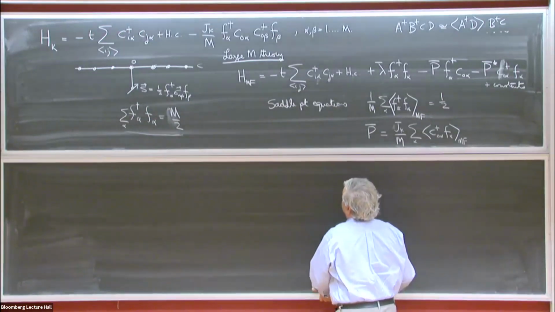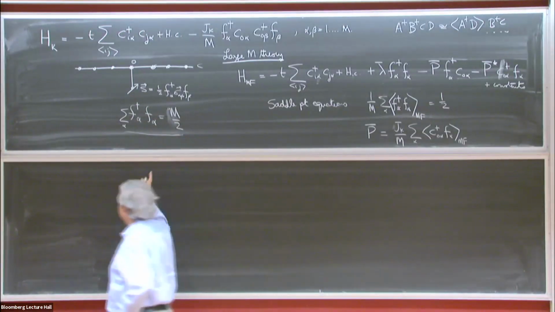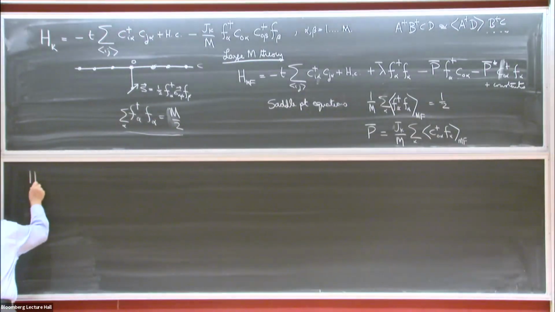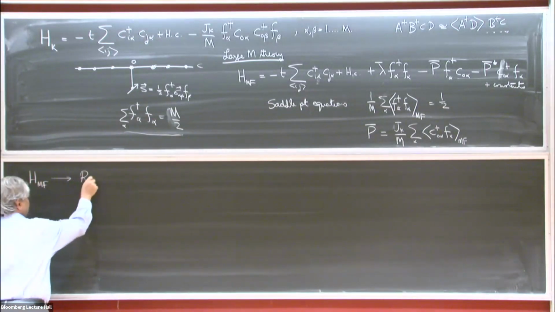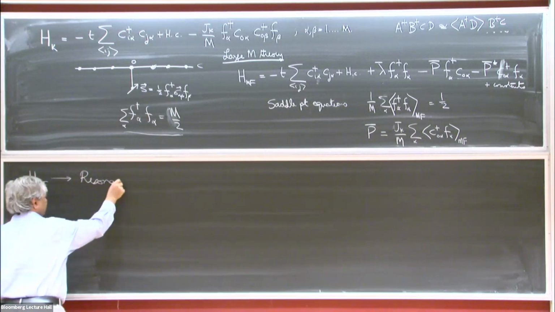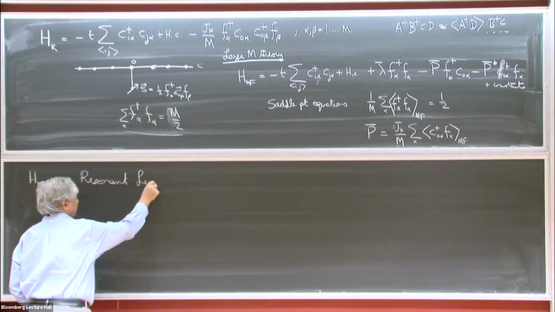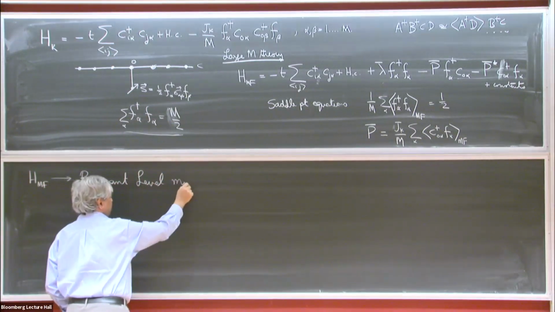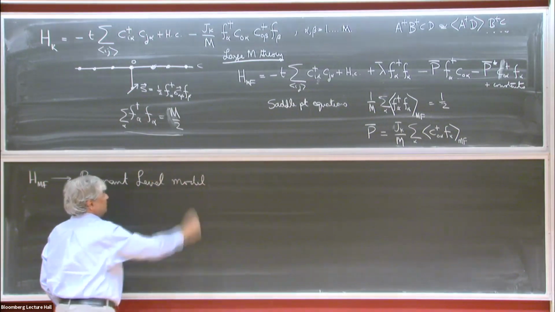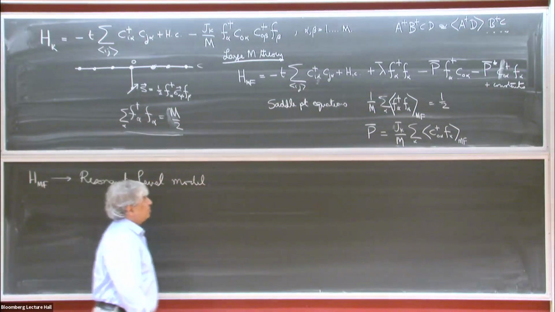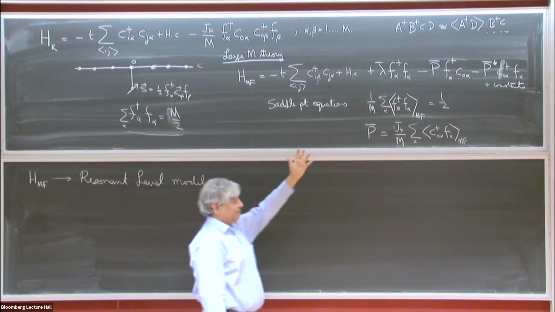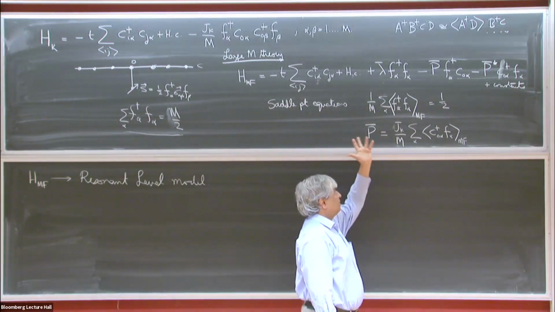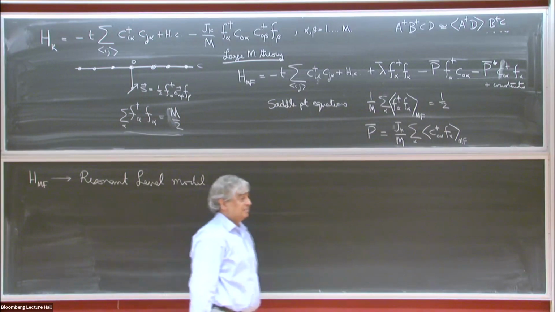All right, so first, let's just take the mean field Hamiltonian and think about it a little bit. This has a life of its own. It's sometimes called the resonant level model. Of course, this is in the context where all the parameters are just numbers not to be determined self-consistently.